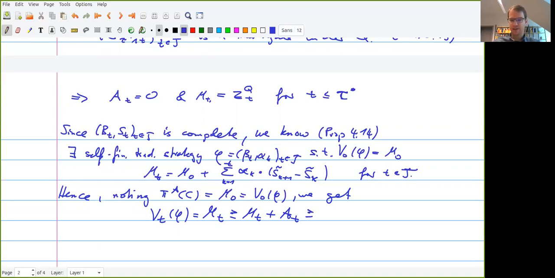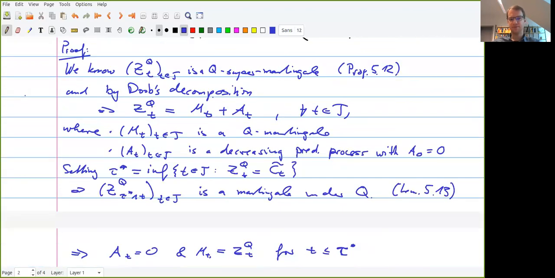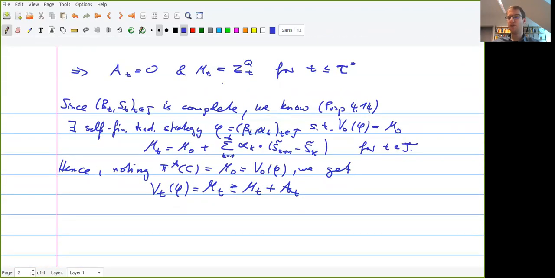And now, well, what is this? But this is the decomposition of my Snell envelope, and my Snell envelope by construction dominates the payoff of the American option, or the discounted American option. Okay. That's good.